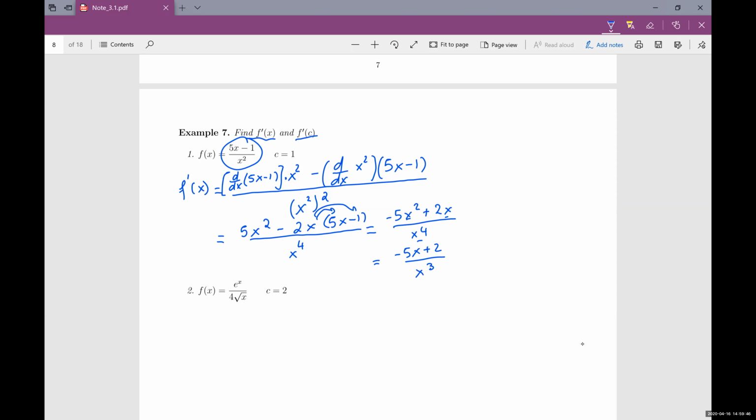So you just cancel one of the x terms from each of these terms to get negative 5x plus 2 divided by x cubed. So this is the derivative of this function.